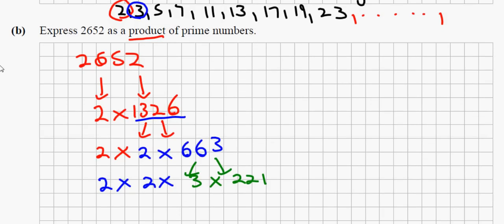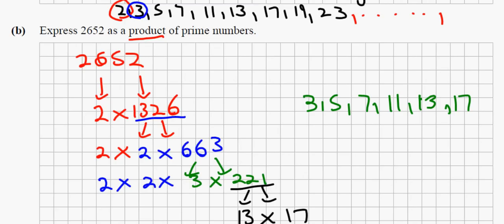Next thing we gotta do is 221. So 221 equals 3 times... 221 equals 3 multiplied by, so we gotta check these prime numbers now to see what divides in. 3 won't divide into 221, 5 won't divide into 221, 11 won't divide into 221, but 13 will, and it goes in 17 times.